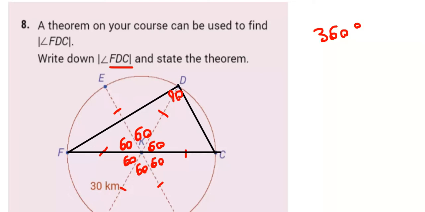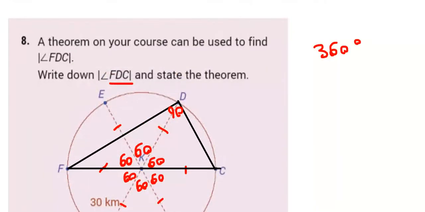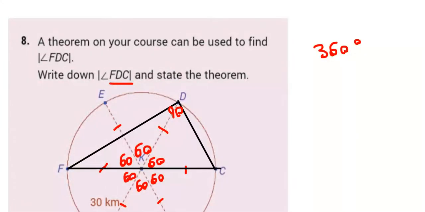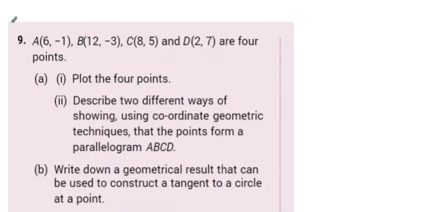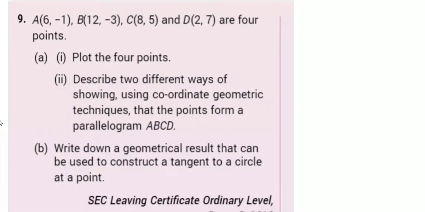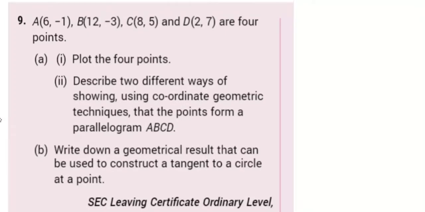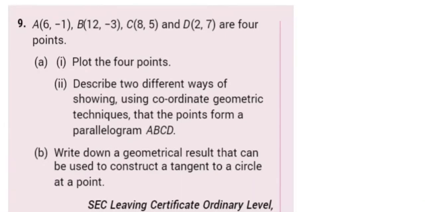Okay. All right, lads. Can we count out those points, please? Sorry, 1 sec. 6 minus 1. Yeah. What's the next one? Whoa. 12 minus 3. That's a long way over. 12 minus 3. Yeah. 8, 5.